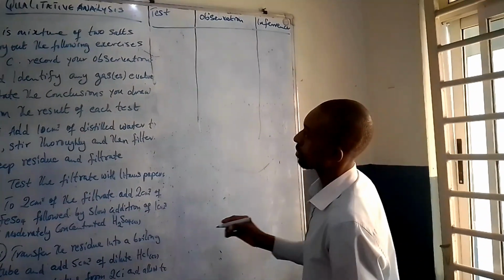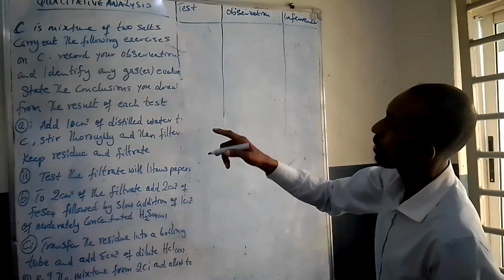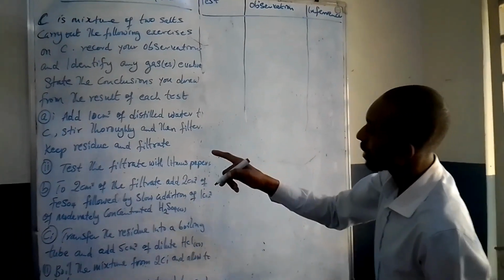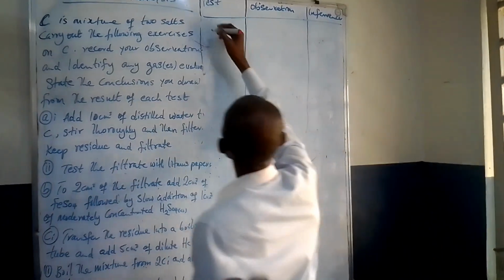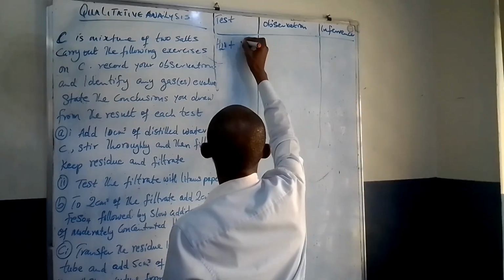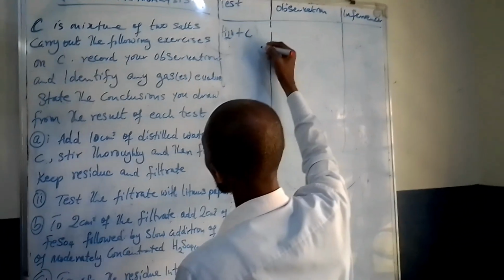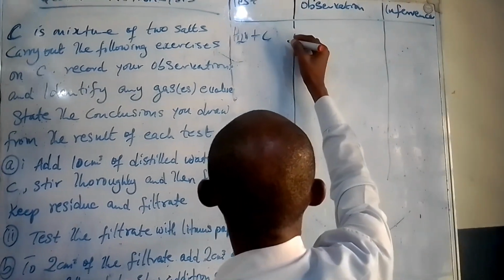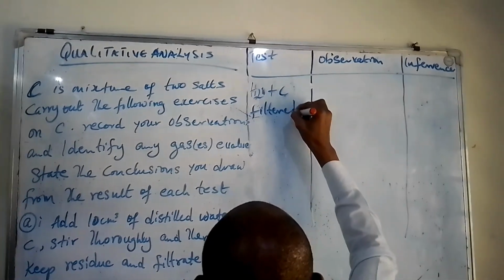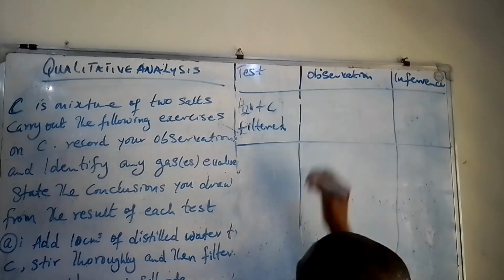The first question said, C is a mixture of two salts. It said, add 10 cm³ of distilled water, stir thoroughly, and then filter. So water plus C, then filter.